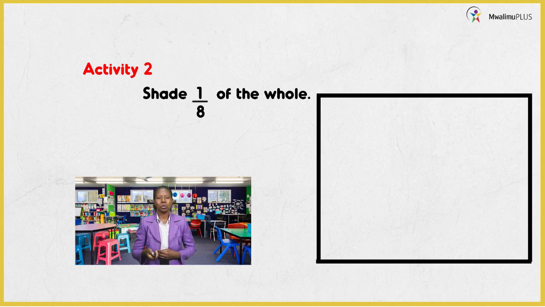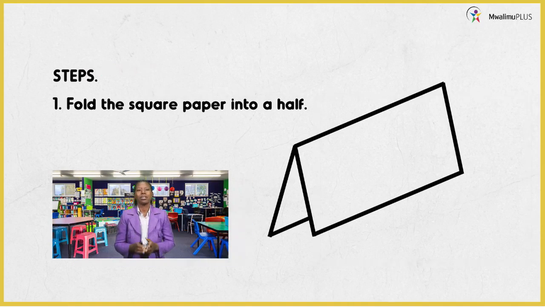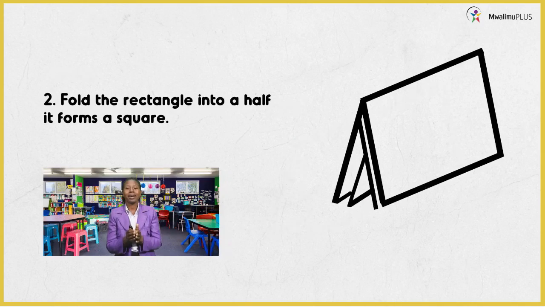Very good. So, first, we are going to halve this paper. When you make it a half, you will have a shape of rectangle. Can you see that? Yes. Then from this rectangle, we can make it a half again. And we are going to have another square. Then, from this square, we want to make a half of this square.